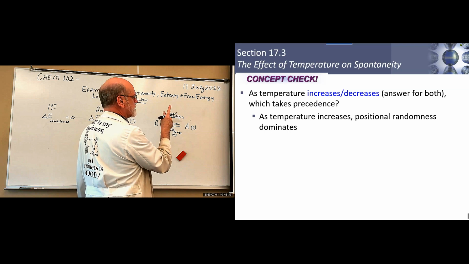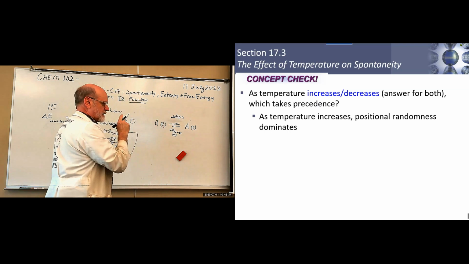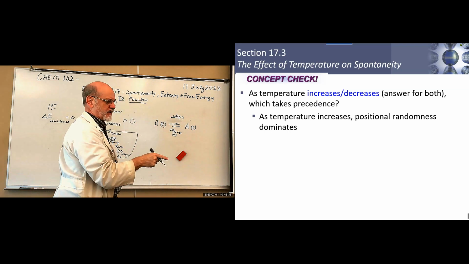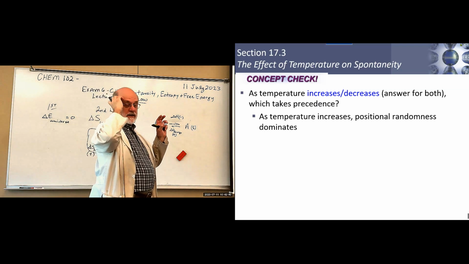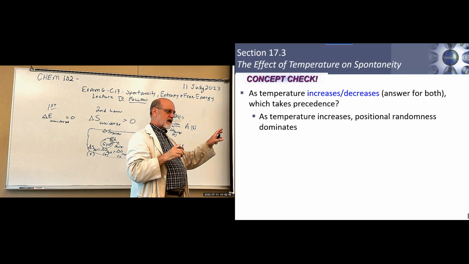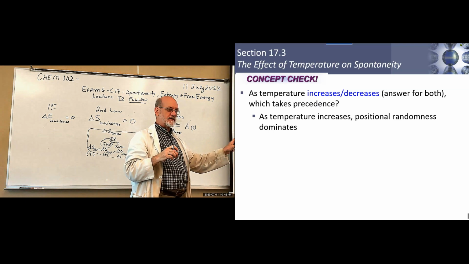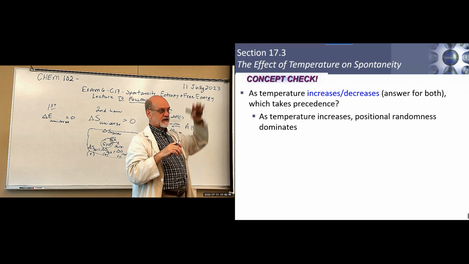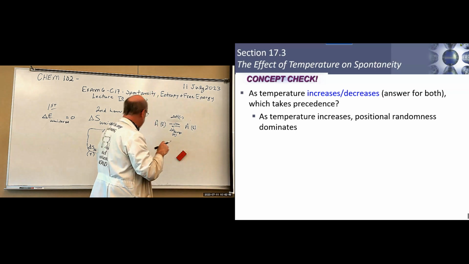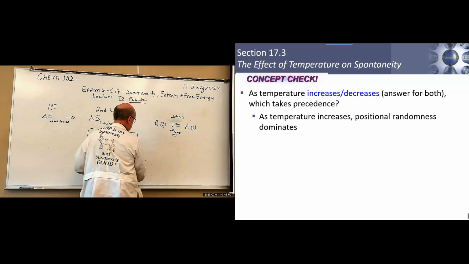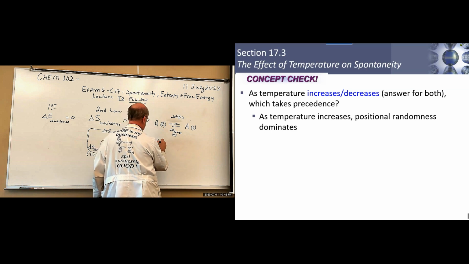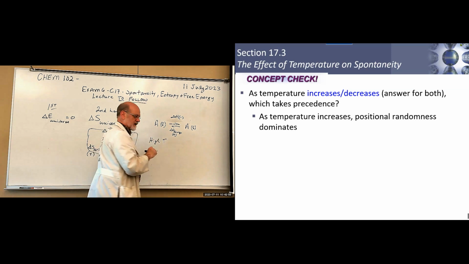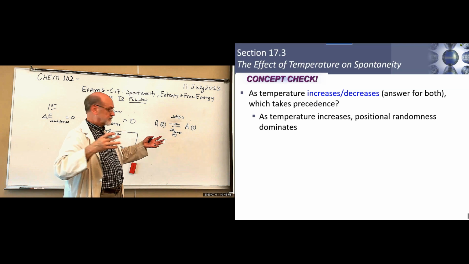The focus here is on temperature. Which one is dominant? Is energy entropy dominant or positional entropy dominant as temperature changes? Let's say our system is at high temperature.